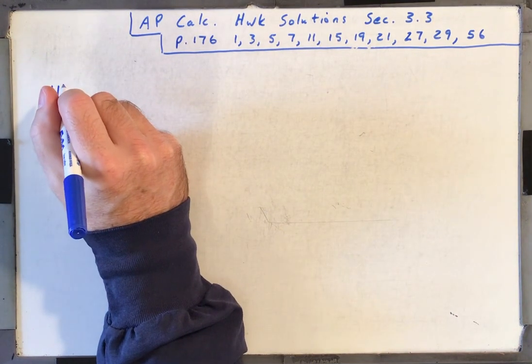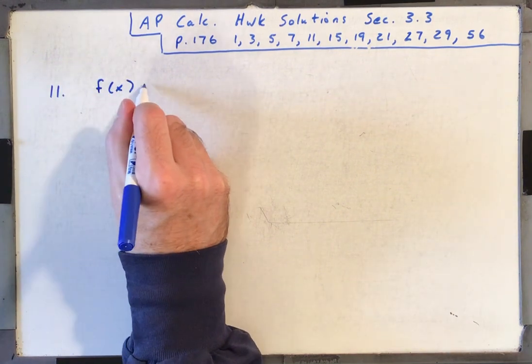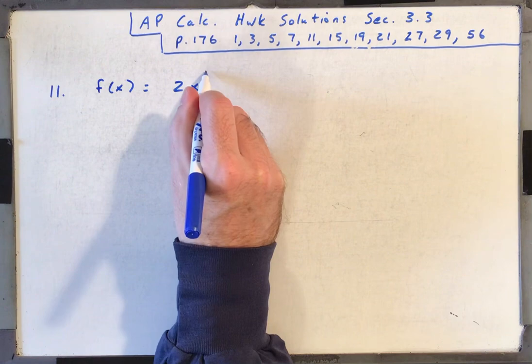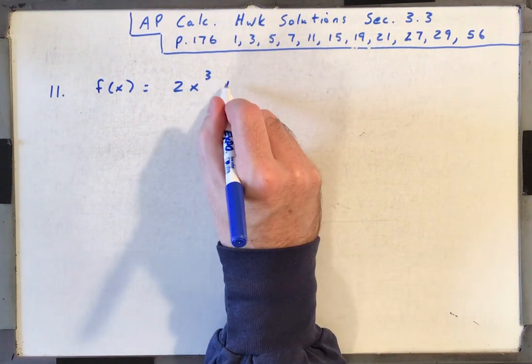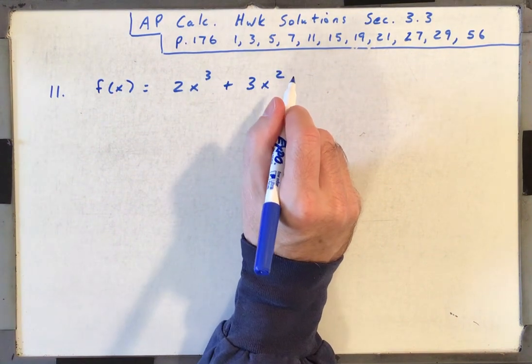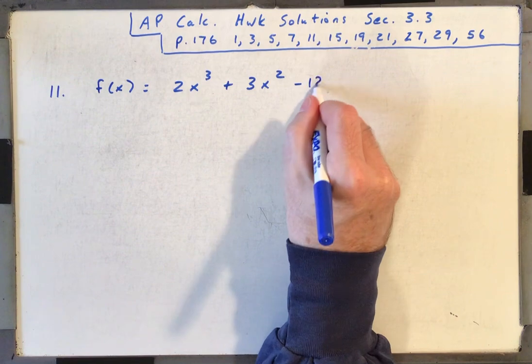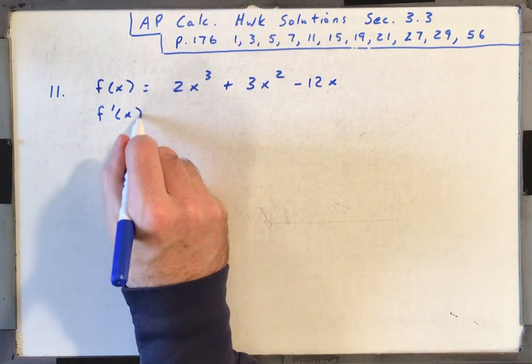All right, number 11, we have f of x is equal to 2x cubed plus 3x squared minus 12x. We're going to take the derivative.